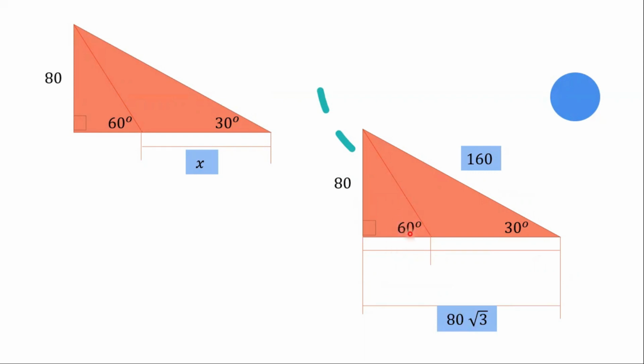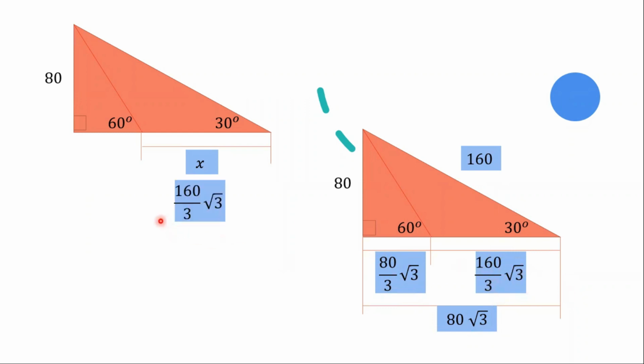Since this is a 60-degree angle, we divide by square root of 3. So this one is 30. 80 divided by square root of 3 is 80 square root of 3 over 3. This is already in simplified form. To solve for x, we subtract 80 square root of 3 minus 80 square root of 3 over 3. Then we get 160 square root of 3 over 3.